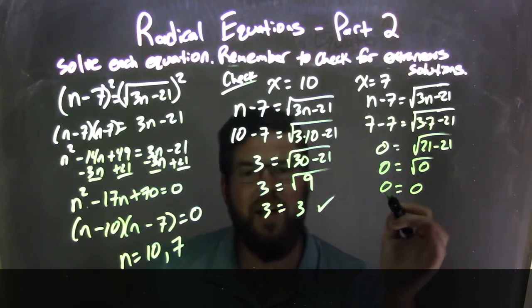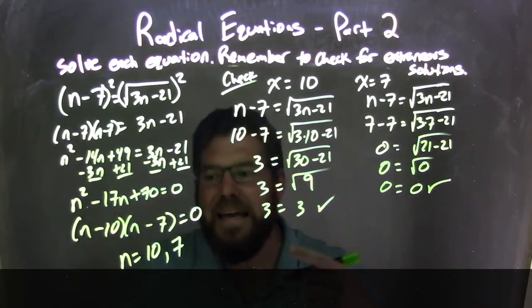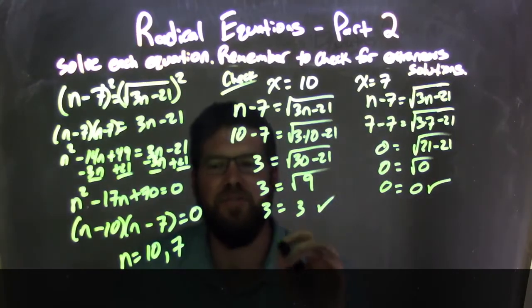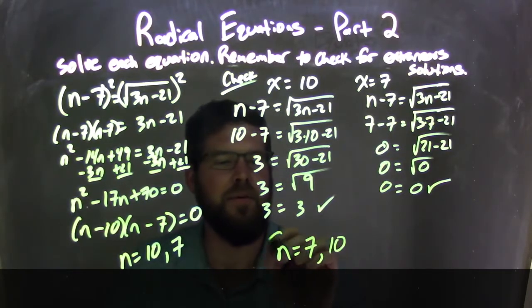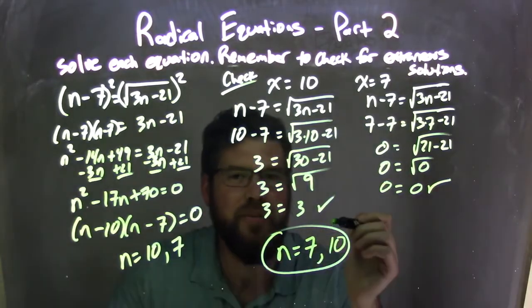So my left and right hand sides are also equal, making 10 and 7 both real answers. There are no extraneous solutions. When I rewrite this, I'm going to write least to greatest, 7 and 10. It's a little nicer and neater. So our two answers here are n equals 7 and n equals 10.